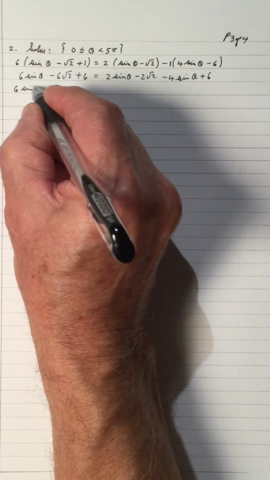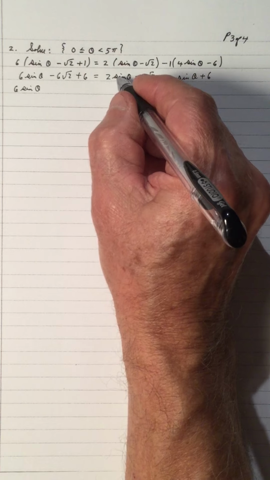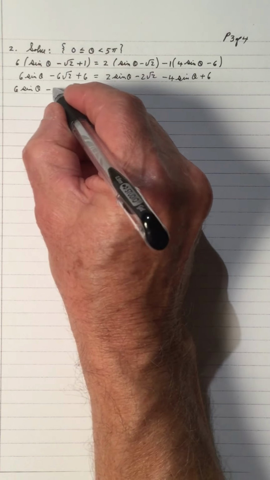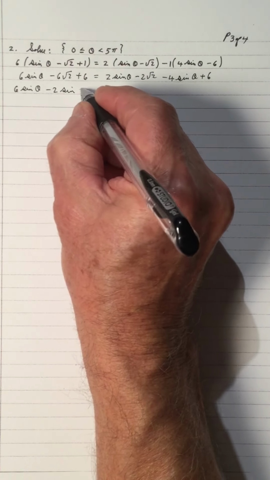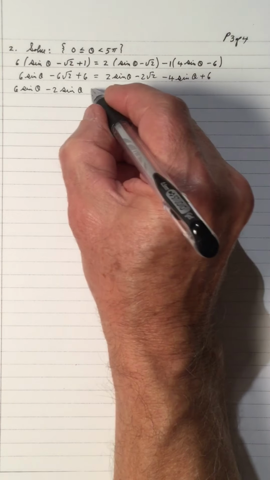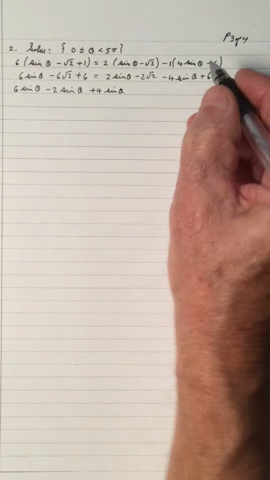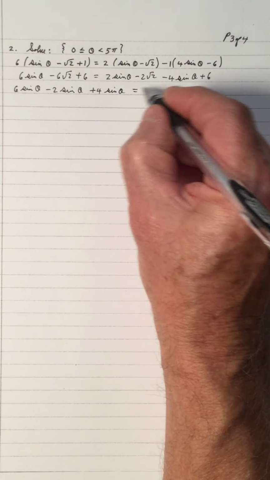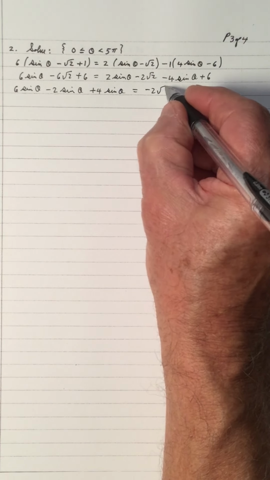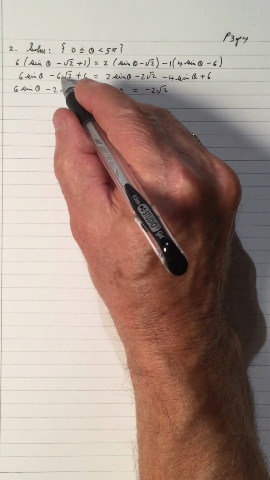And put all the sines on the left side. 6 sine theta. Move this one over, it becomes negative 2 sine theta. Bring this one over, it becomes a positive 4 sine theta. And we have a negative 2 root 2, and this is negative 6.